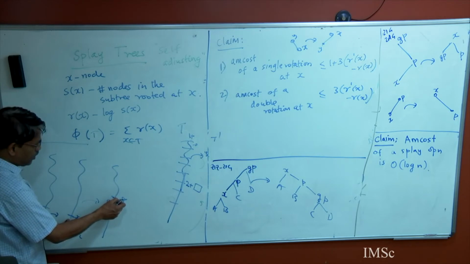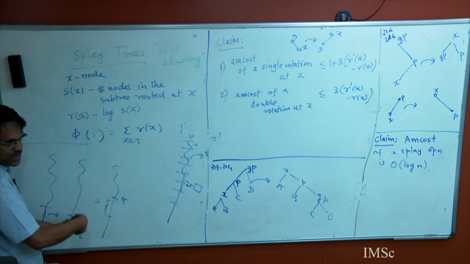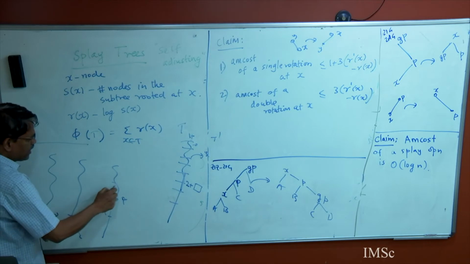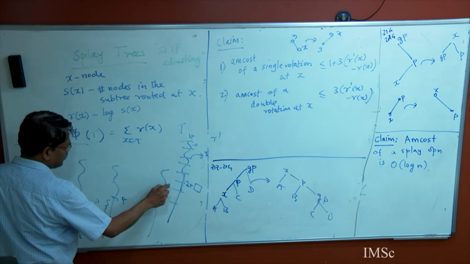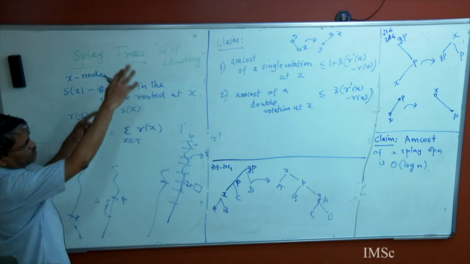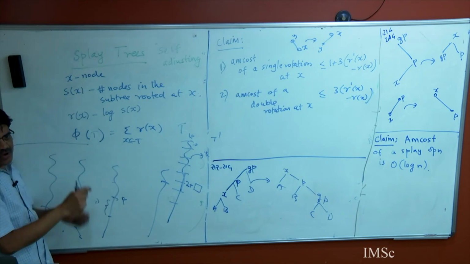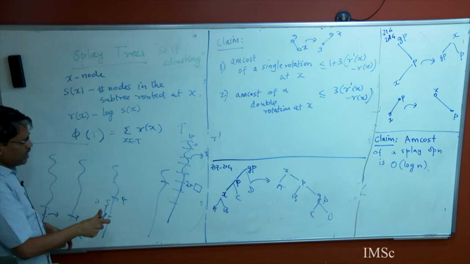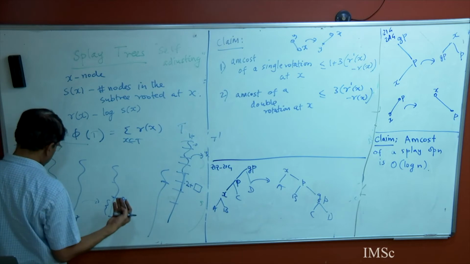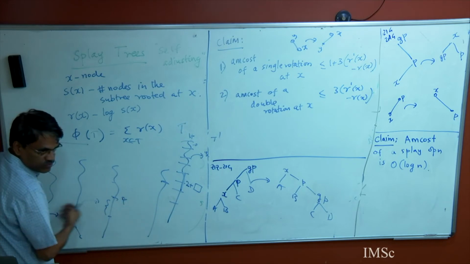Okay. Now remember that, see, there is a telescopic sum happening here, right? If I finally, all I care about, let's say I don't even do single rotation, maybe the length of the path is even, okay? Then all I care about is the amortized cost between these two, right?